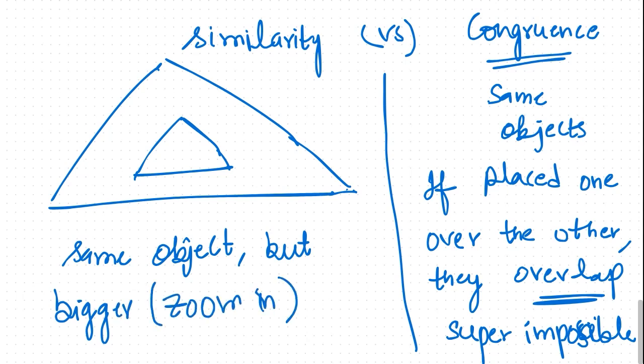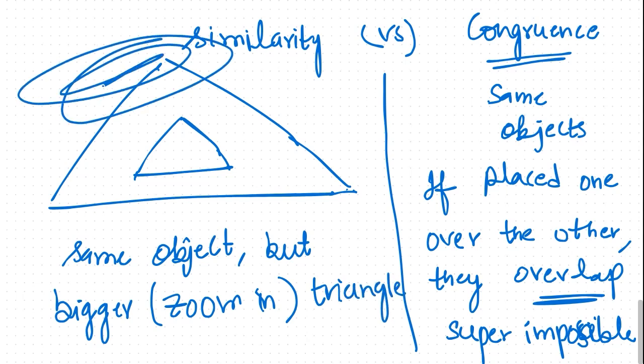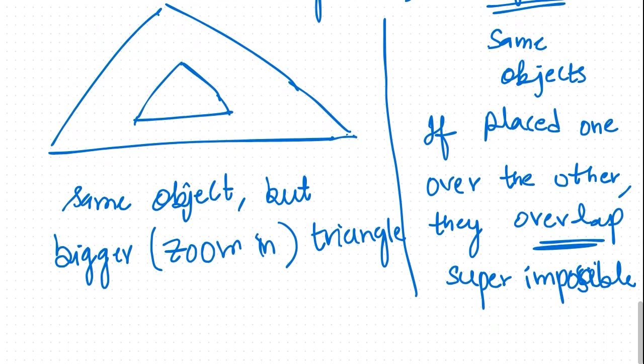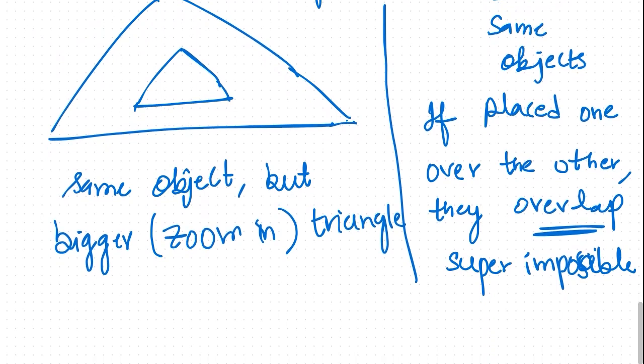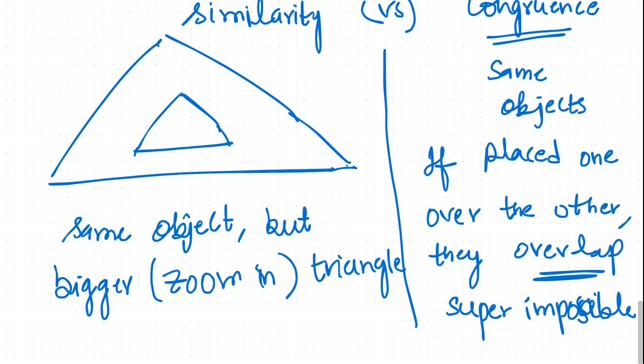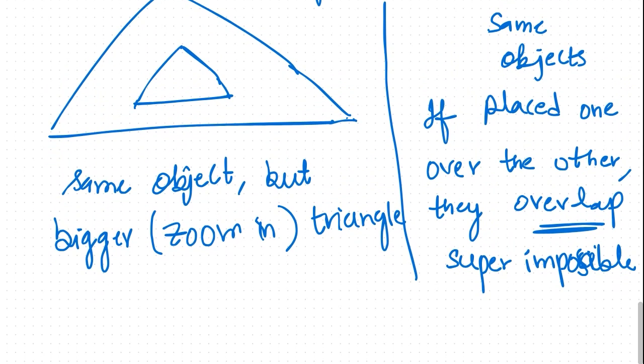It's almost like zoom in. So a bigger triangle, or if you zoom out the outer one, you'll get the inner one. So the object is the same, the scaling is different. It's like using a camera. You are zooming in and zooming out the same object, but only the size is different. So that is called similarity.